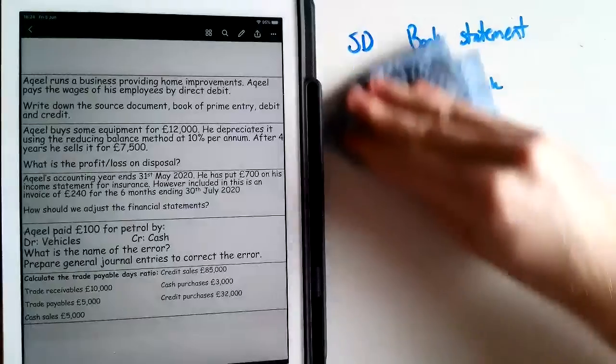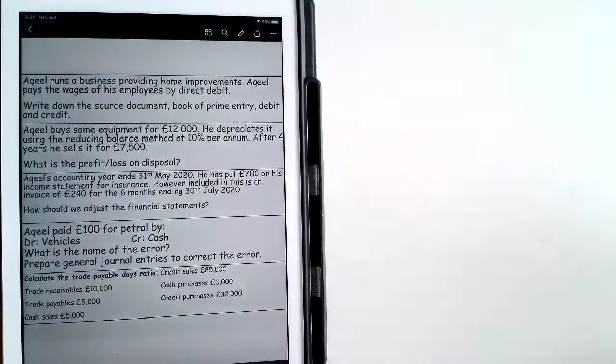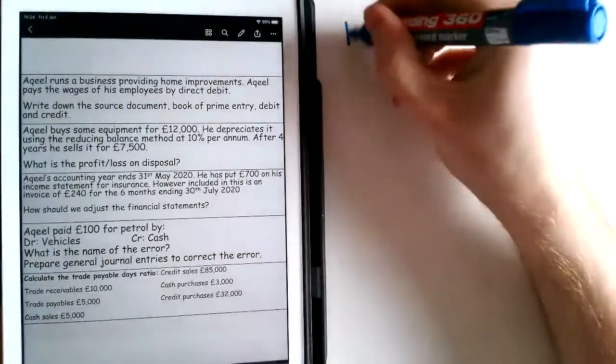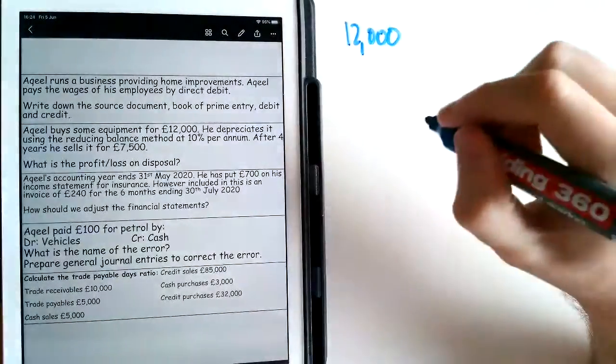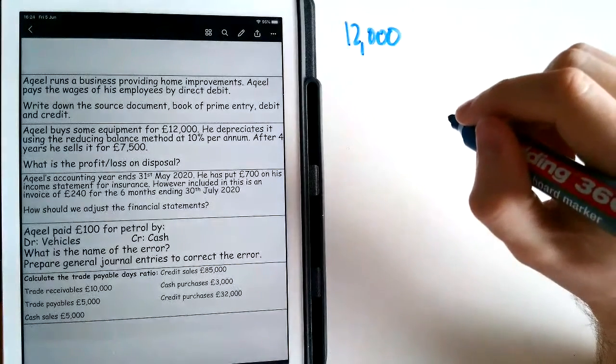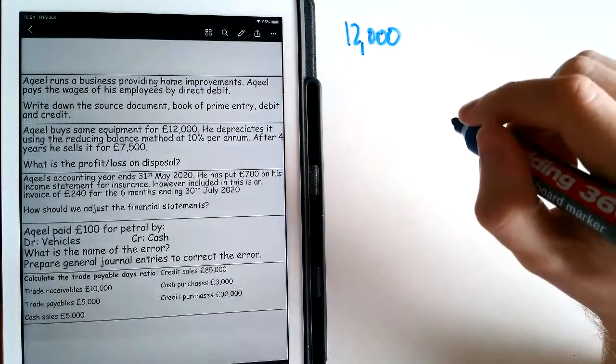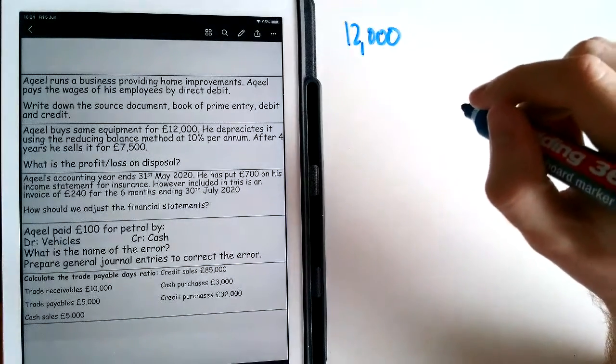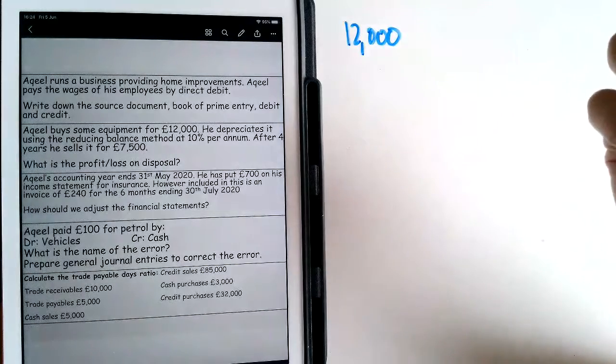Okay, second one. Akil buys some equipment for £12,000. He depreciates it using the reducing balance method at 10% per annum. After 4 years, he sells it for £7,500. So we need a net book value after 4 years.